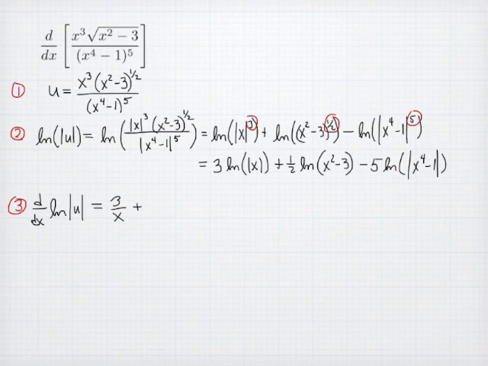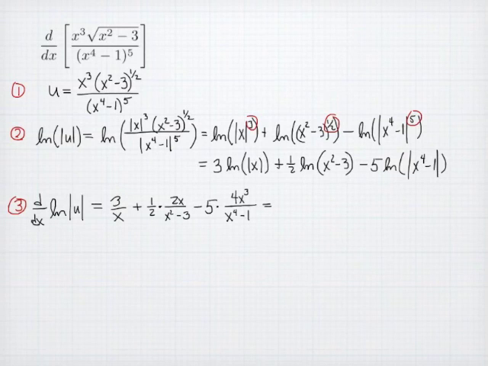For the second term, we get a constant multiple of 1/2, and this time the logarithm has some formula inside, so it's u prime over u: 2x over x squared minus 3. Minus 5 times, again we have a logarithm of a formula, so we use the chain rule: x to the 4th minus 1, and the derivative of that is 4x cubed.